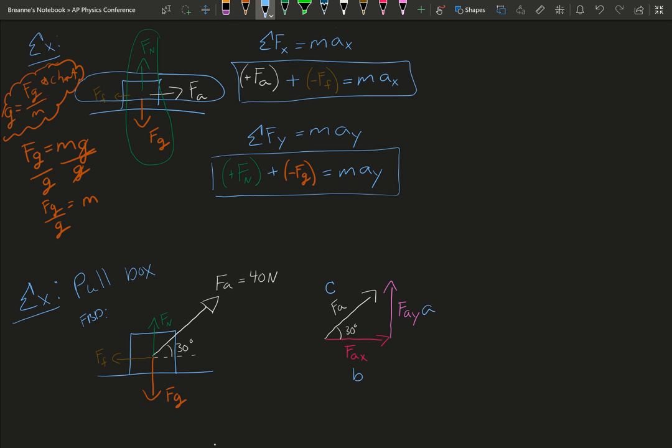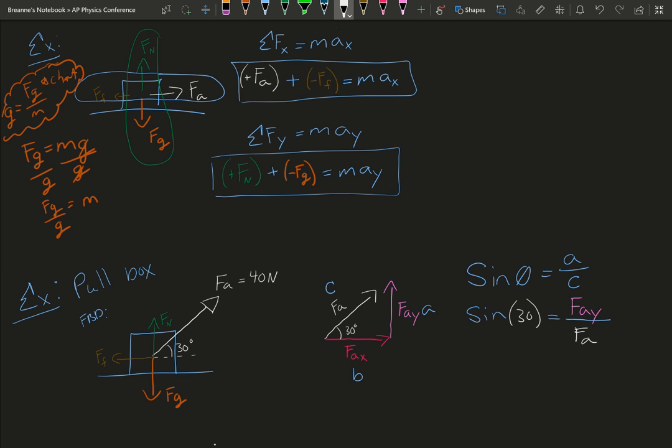So let's use sine first. We know sine of theta equals A over C. Sine, our theta is 30, equals our A, which is our force applied in the Y, divided by our C. Sorry about that, it should be C, not B. Which is our force applied.